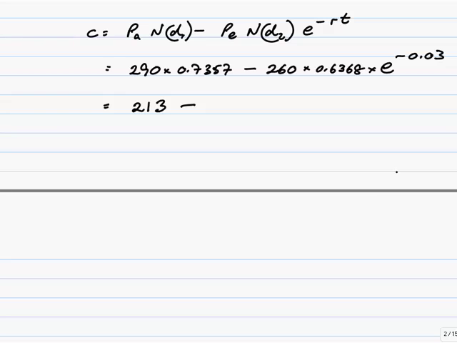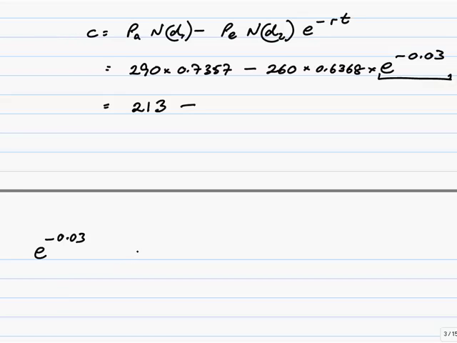Now I'll show you what buttons I press, but I'm afraid every calculator is different, so you are going to have to practice, and if necessary, obviously look at the instruction book. But if I just do e to the minus 0.03 on its own for the moment, I'll tell you which buttons I have to press. What I have to do is this.